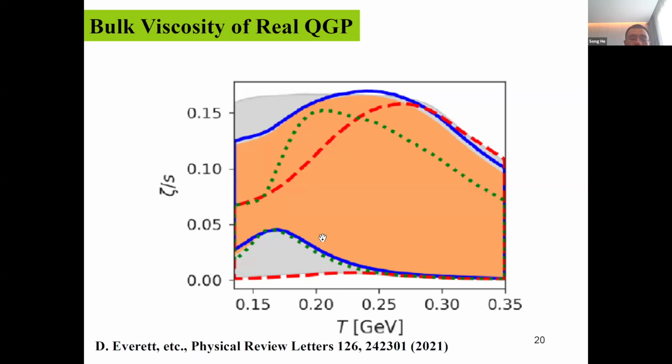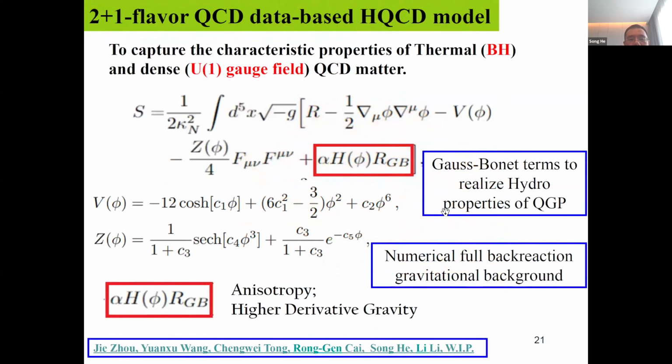And from our previous calculation, we show that we can't capture this most important non-trivial temperature dependent behavior. How can we cook up this model? In that sense it is very necessary to modify the previous model.